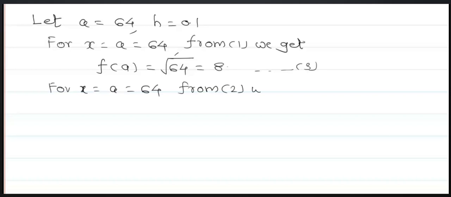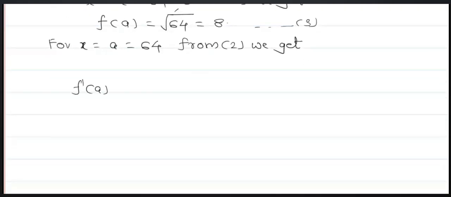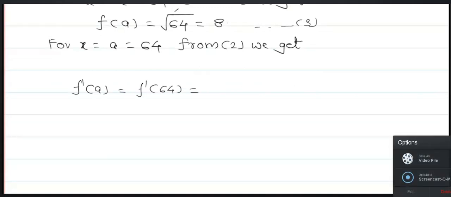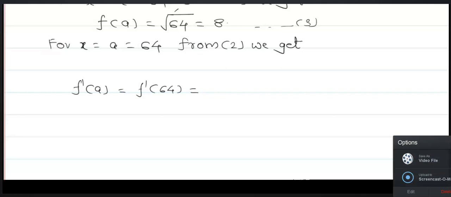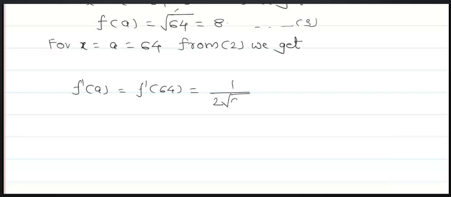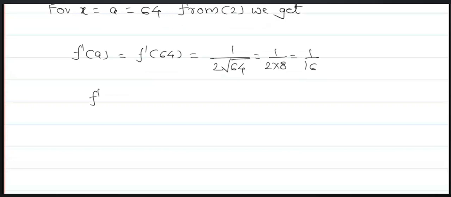For x is equal to a is equal to 64, from 2 we get the derivative f dash of a. What is the derivative of root of x? The derivative of root of x is 1 upon 2 times root x. In the same manner, we write 1 upon 2 root of 64, that is 1 upon 2 into 8, that is 1 upon 16. Therefore, f dash of a is equal to 1 upon 16.